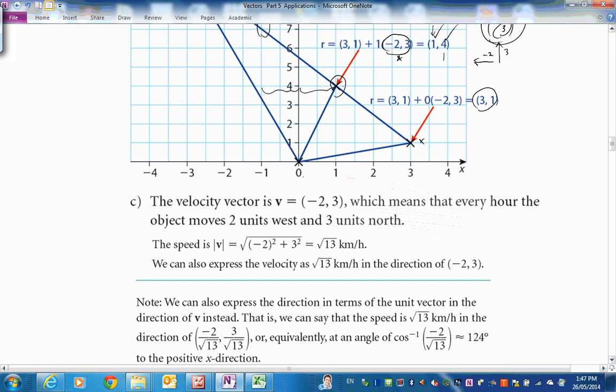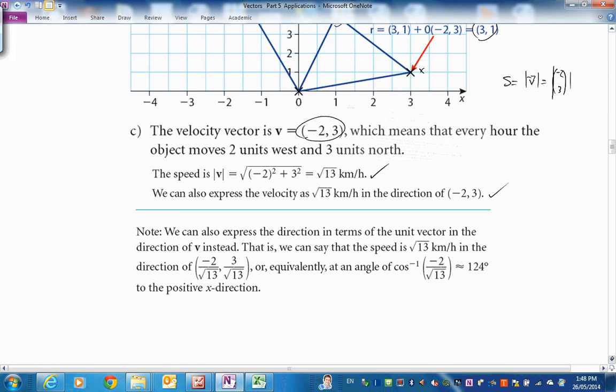The speed will be the size of the velocity, which is the size of the vector -2, 3. Again, using what we did before based on Pythagoras, the size of that is root 13. So we could say it is root 13 in the direction of -2, 3.